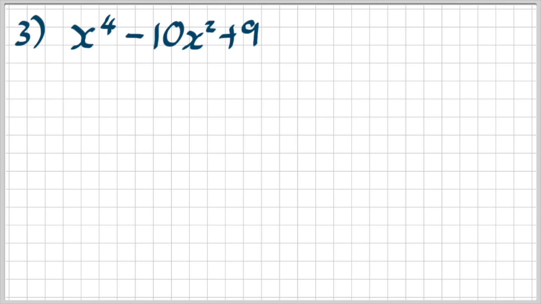X to the 4 minus 10x squared plus 9. If I look at that sum, oh my, that is a weird one. There's nothing to take out common. There's no difference of 2 squares. But I see 3 terms. So I'm going to try and do it by using a trinomial.